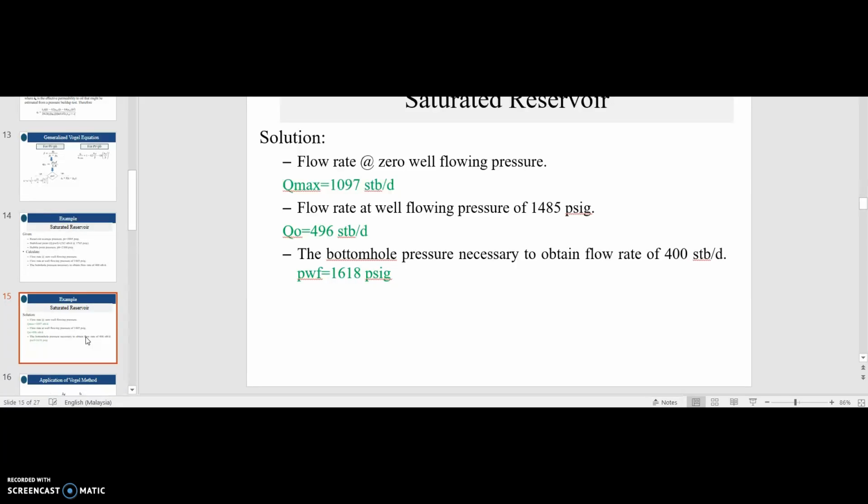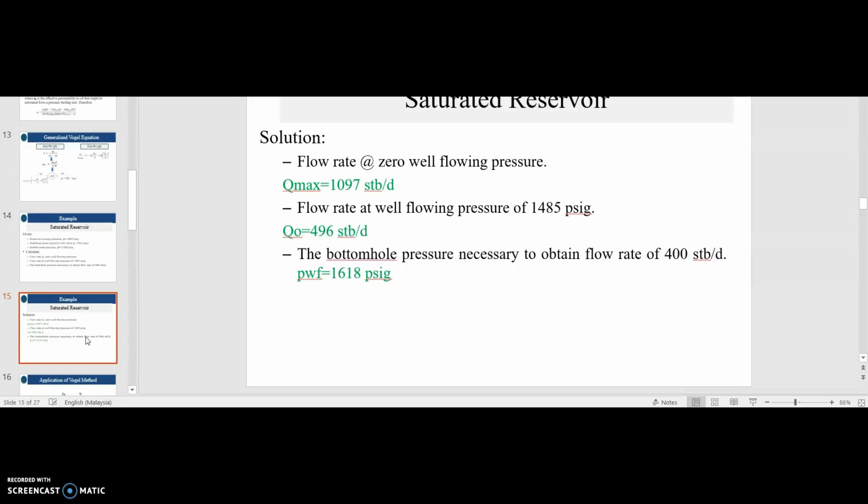Then we can assume, here we are requested to calculate the flow rate at well flowing pressure of 1485. So by that we have a Vogel equation with three knowns, which are maximum flow rate, PWF, and reservoir pressure. Then when we solve for flow rate, we get a flow rate of 496 stock tank barrel per day.